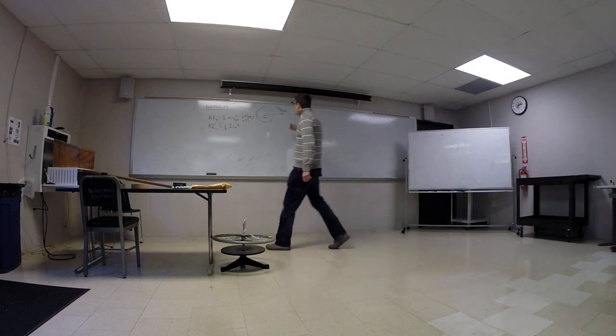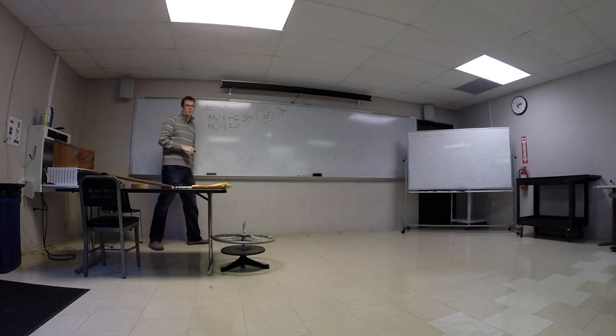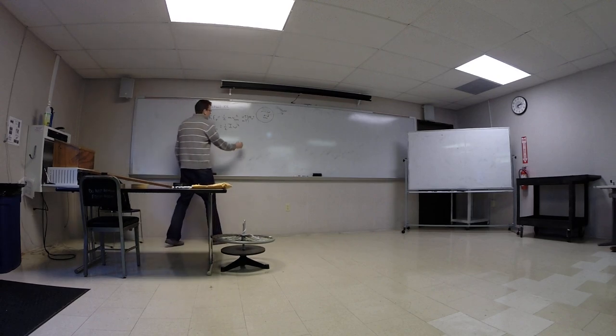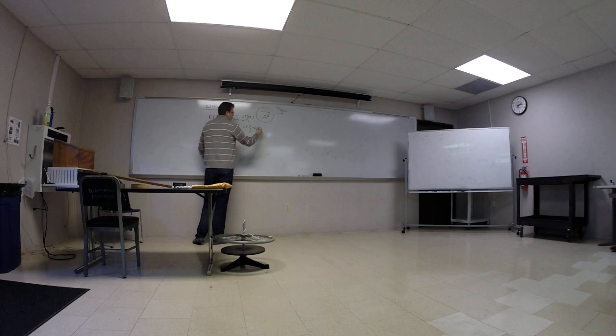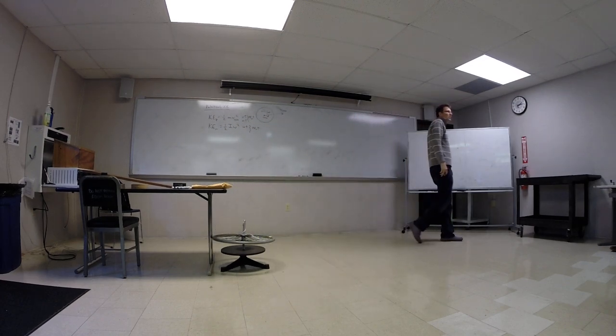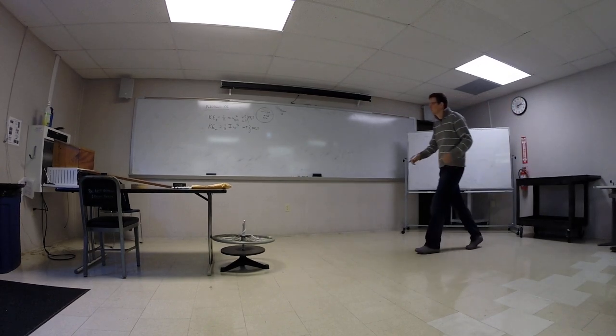Well, now that we have an extended object, it could be rotating as well. So that addresses the rest of the object. The faster it's rotating, the more energy is contained in the rotation. So if something spins really fast, it's going to have more rotational kinetic energy.